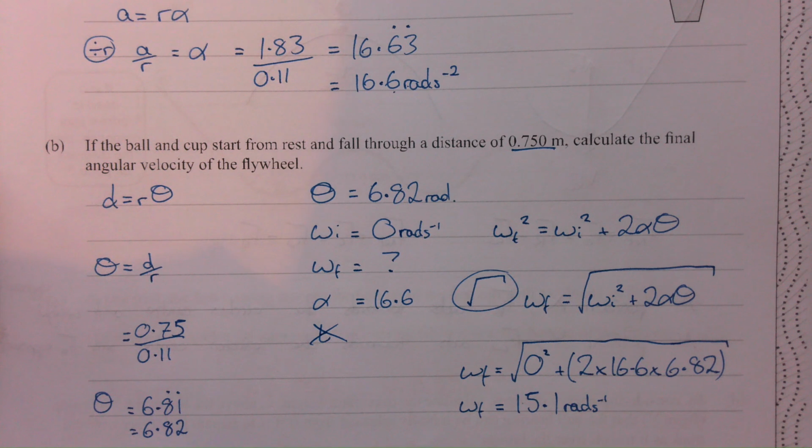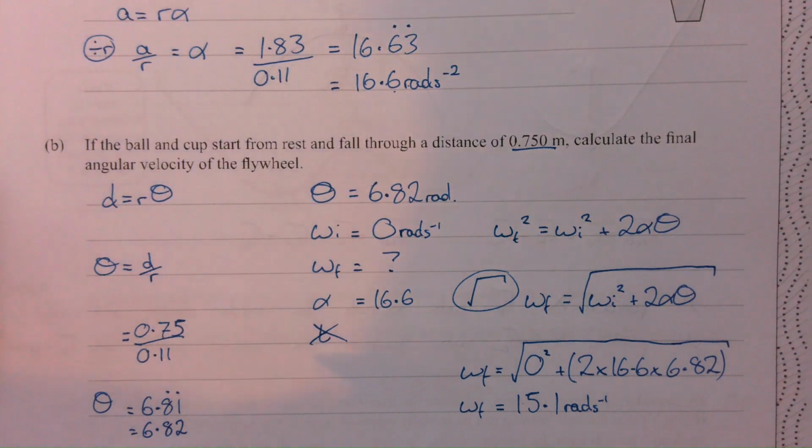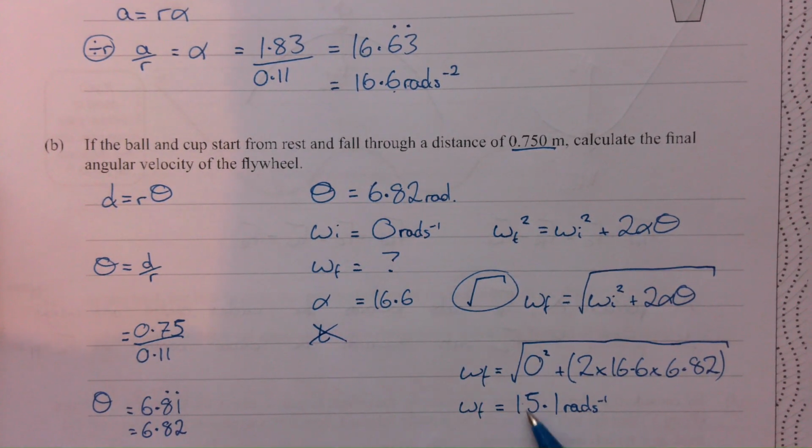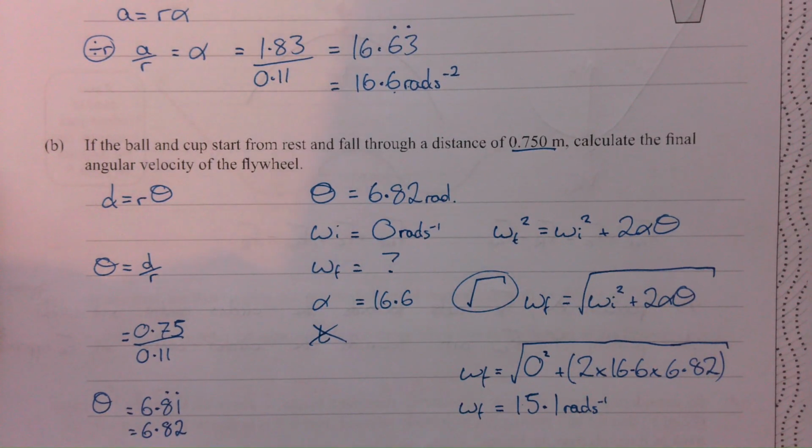And the other way you can get achieve is to follow through the calculations if you make a mistake in your calculation of theta. So if you did this conversion wrong, or if you didn't do it at all, and used a different value of theta here, and got a different answer for omega f, but did all of this bit correctly with the wrong numbers, then you can still get achieved there.